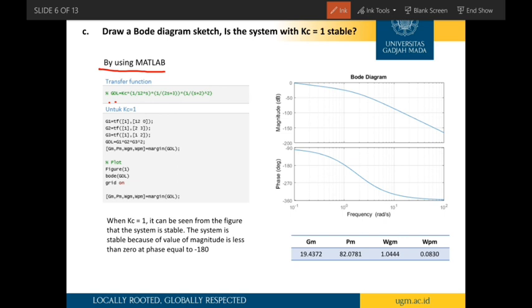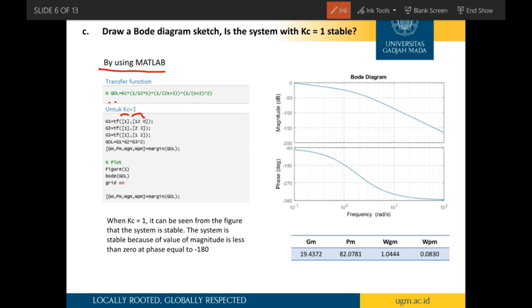For Kc equal 1, we write G1 as the transfer function of 1 over 12s, where this is for the numerator and this is for the denominator. G2 equals the transfer function of 1 over 2s plus 3. G3 equals the transfer function 1 over 1s plus 2. And we can make the equation G open loop equal G1 times G2 times G3 squared.